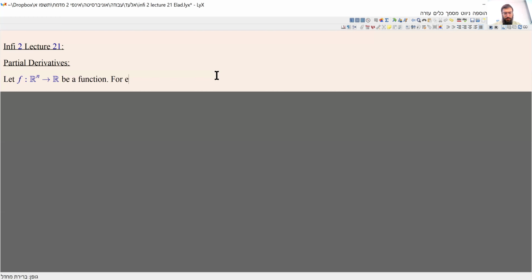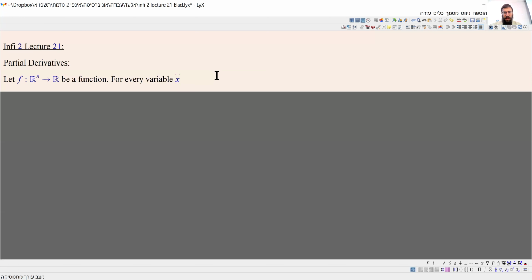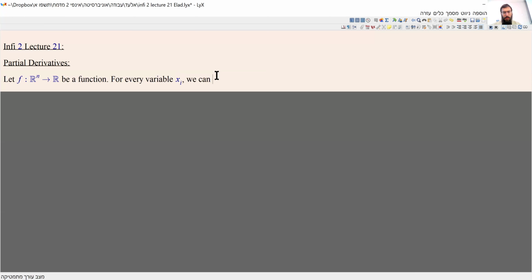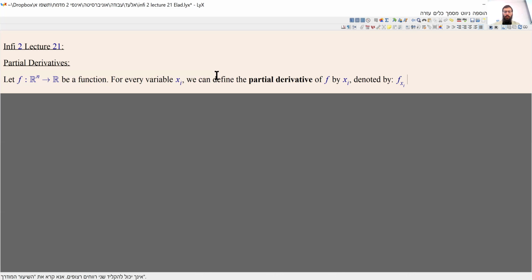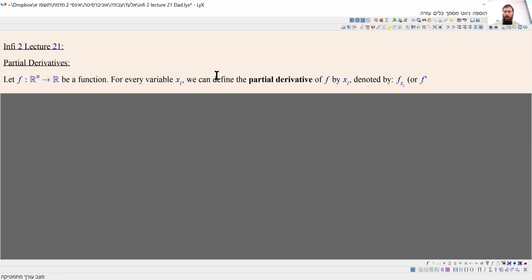For every variable x_i, we can define the partial derivative of f by x_i, denoted by, I used to denote it, f_{x_i}, where x_i is in the index, or you can add the tag if you want.